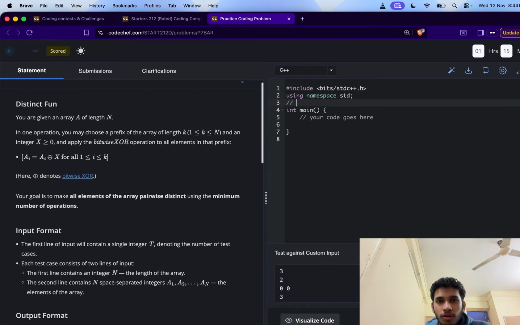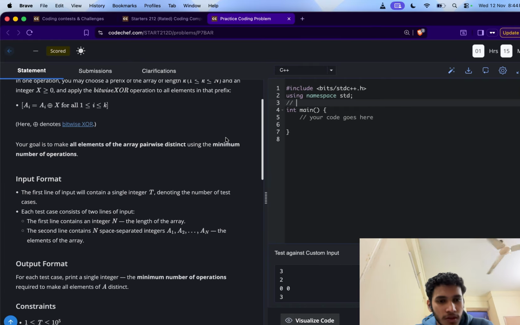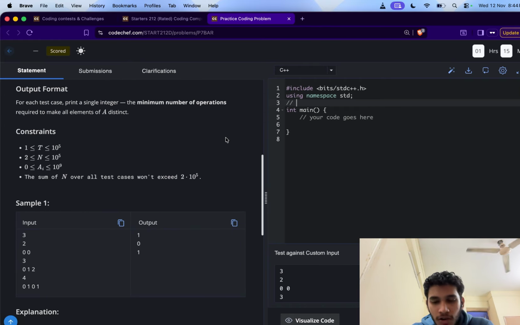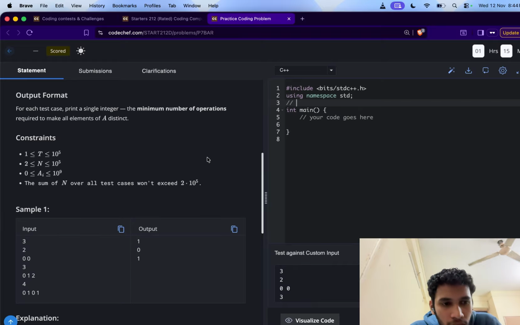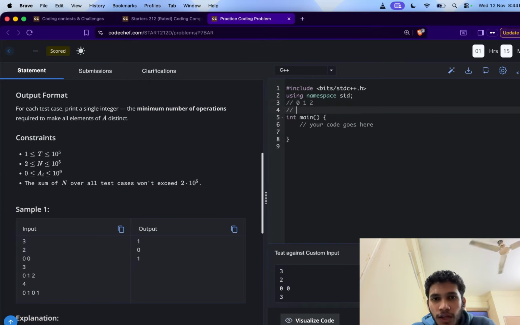So the question is, we are given an array. Let's understand it with a test case. Let's say 0 1 2. What we can do, we can choose an index I and a value x. Now bitwise XOR all the elements between 0 to I with x.